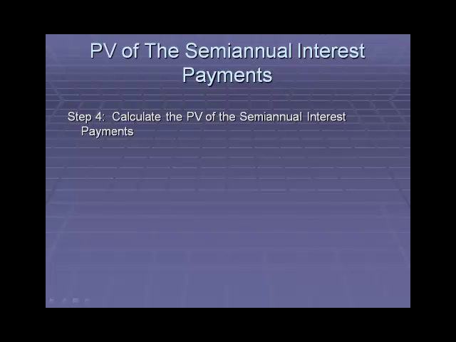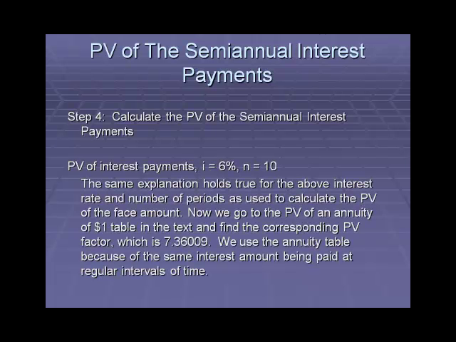The next step is to calculate the present value of the interest payments. Similarly, we're going to use an interest rate of 6% and a number of periods of 10 for the same reasons that we discussed in calculating the face amount.